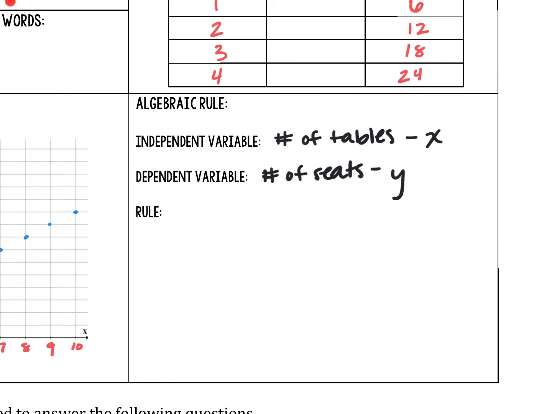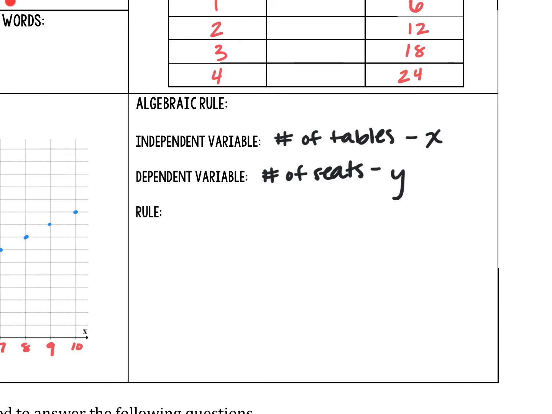So if I look at my table, this is how I find it to be the most helpful. In other words, how did I start at 0 and get to 0? 1 and get to 6, 2 and get to 12. That's our goal that we're trying to find. Well, it looks like to get 0, I did 6 people, or seats, times 0 tables.